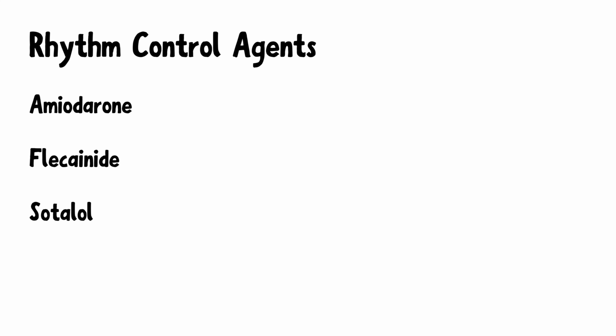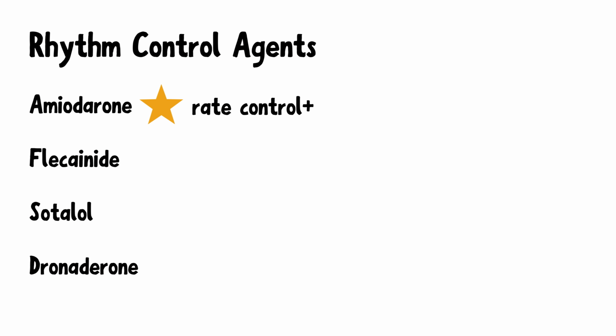Rhythm control can be done with agents like amiodarone, flecainide, sotalol, or dronedarone. Amiodarone is our big gun. It has rate control properties as well. However, amiodarone can cause a lot of side effects and interact with other drugs as it is a CYP450 inhibitor.